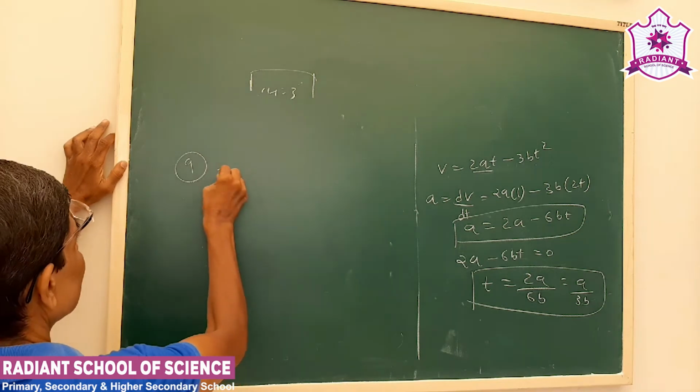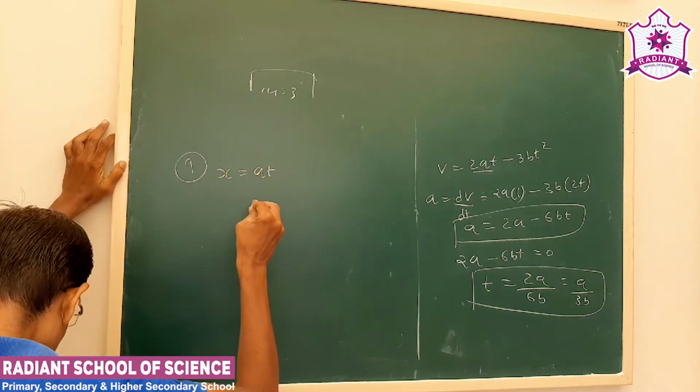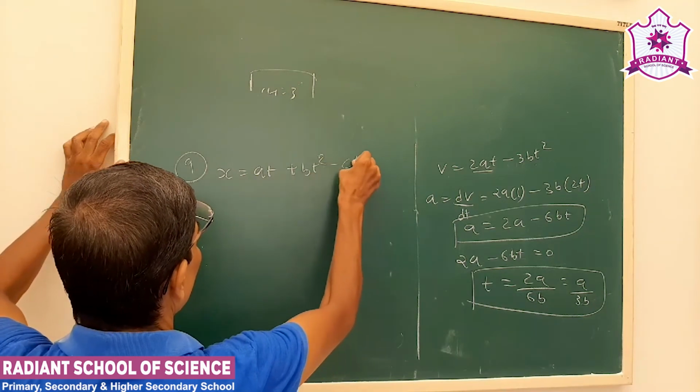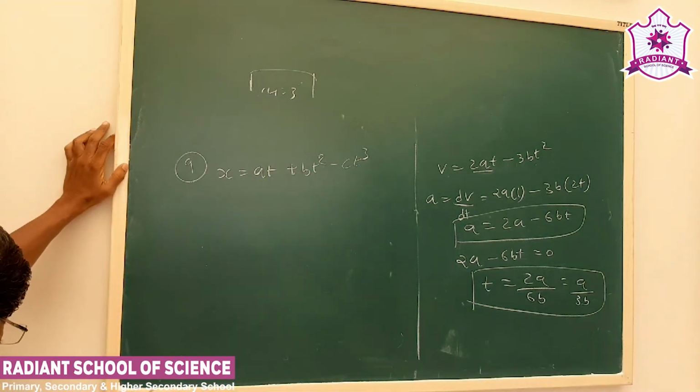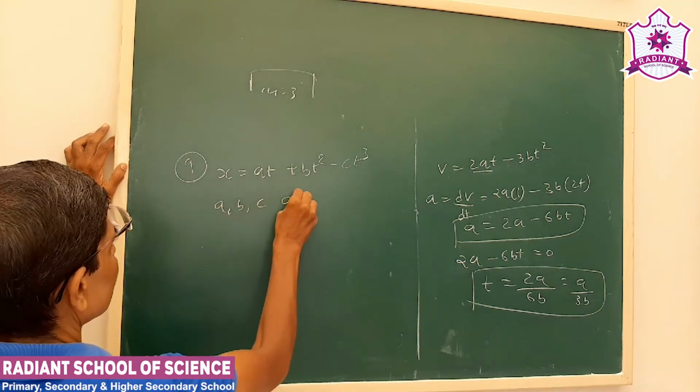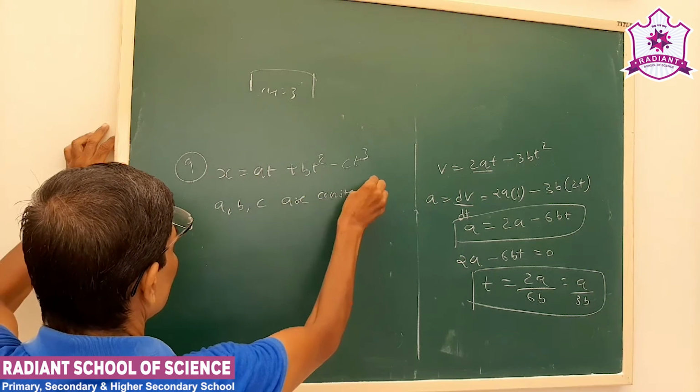Now see the displacement time relation, at plus bt square minus ct cube. Okay, now a, b, c are constants.